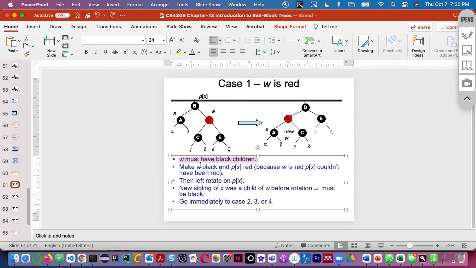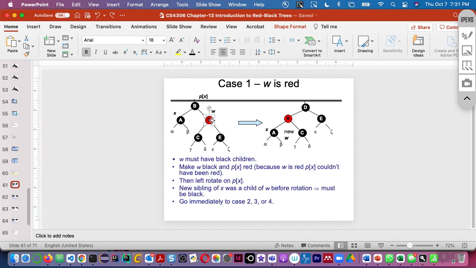So in that case, for instance, W must have black children. Make W black, and then make PX red. Because W is red, PX cannot have been red.